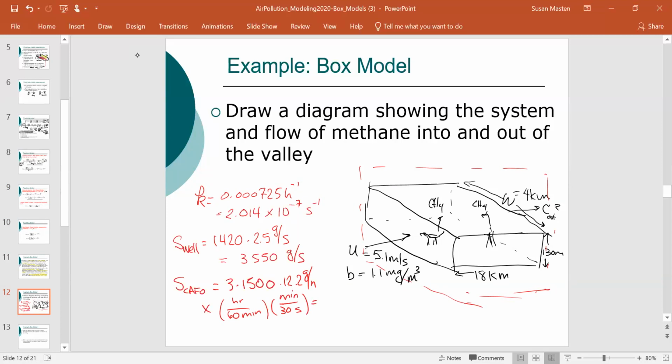And that is 15.25 grams per second. So we have about 15 grams per second from all of the CAFOs and about 3.5 kilograms per second from the fracking wells.